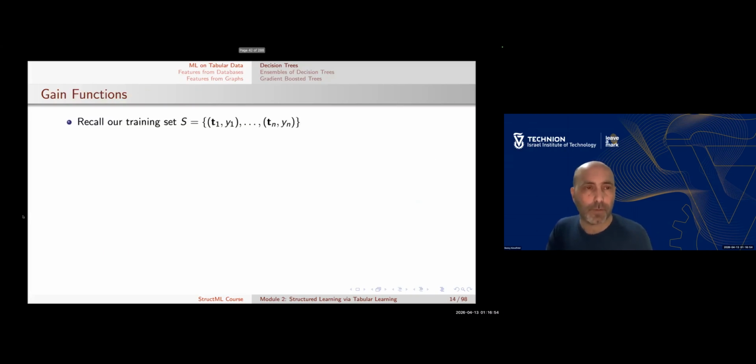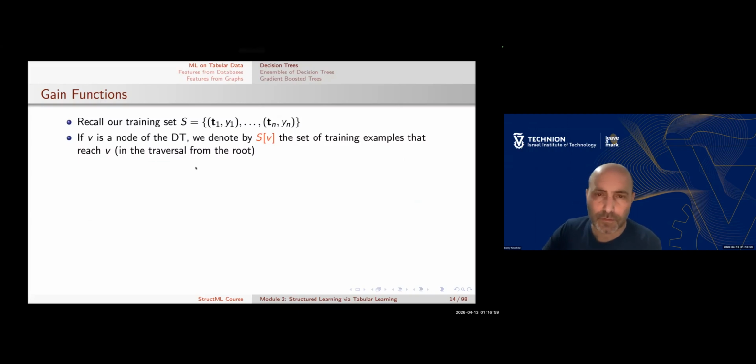Okay, now let's talk about the gain function. So we have our training set. This is an important notation. If S is our training set, we denote by S[V] the set of training examples that reach V when you apply the decision tree to them.